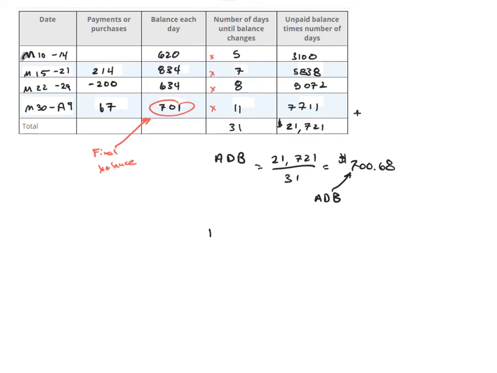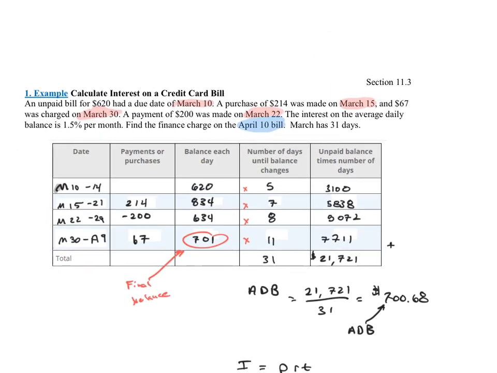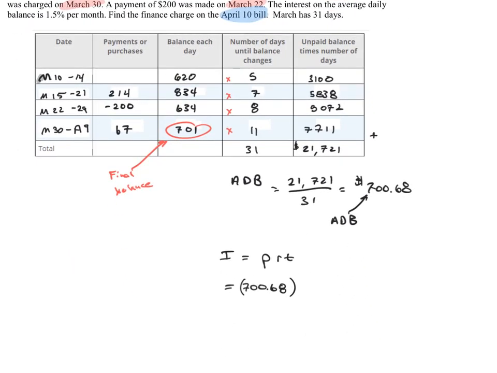So when I do that interest, again, I'm going to use the formula I equals PRT, where P here is my average daily balance. That's $700.68. R here is my monthly rate. The interest rate for the card was 1.5%. Let me go back up and verify that. 1.5% per month.